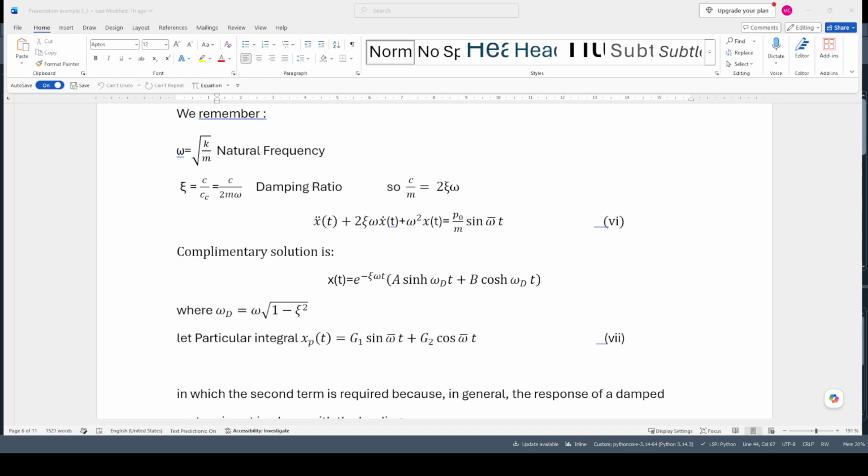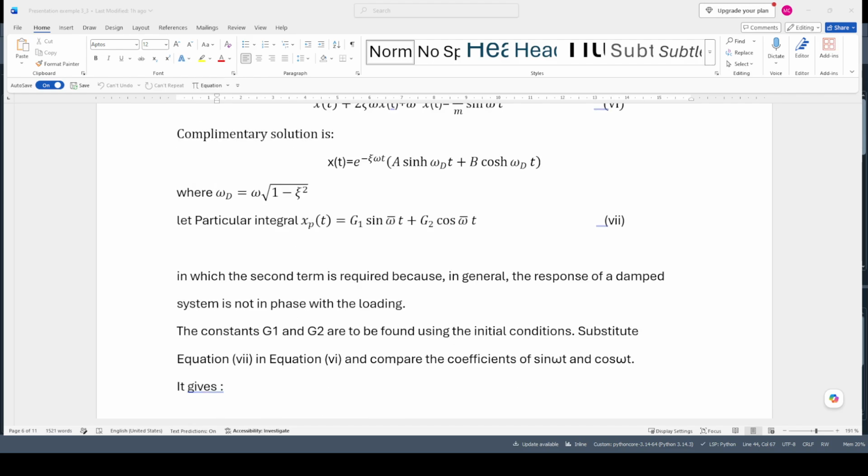Where, remember, omega is the natural frequency, equal to the square root of K divided by M. Psi, the damping ratio, is equal to the damping coefficient divided by 2 mass times omega.